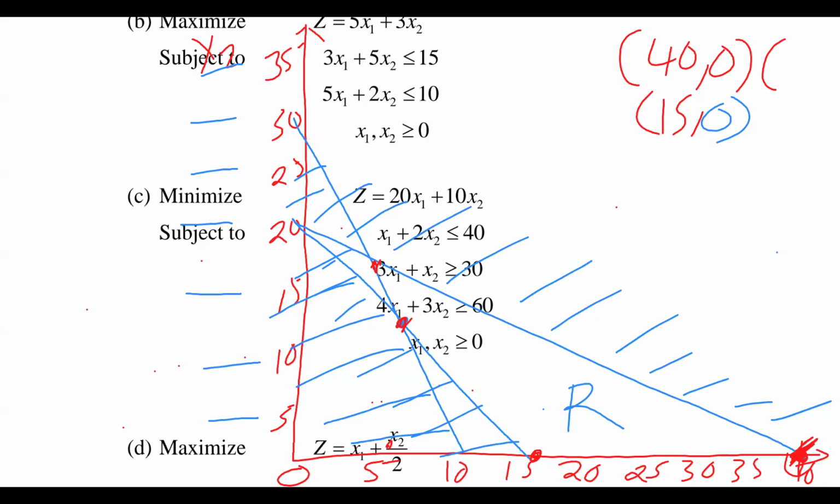Next one. We are here, on this vertex. What could be the value of x1?